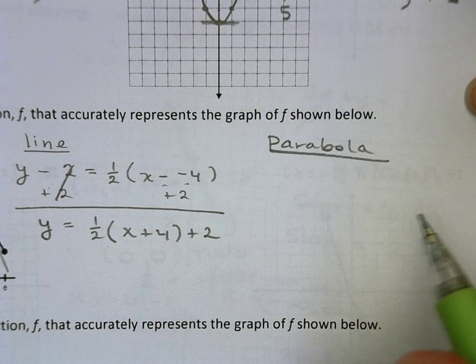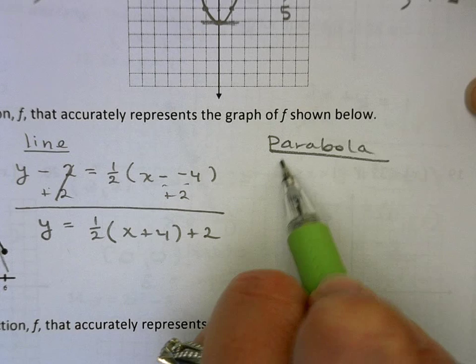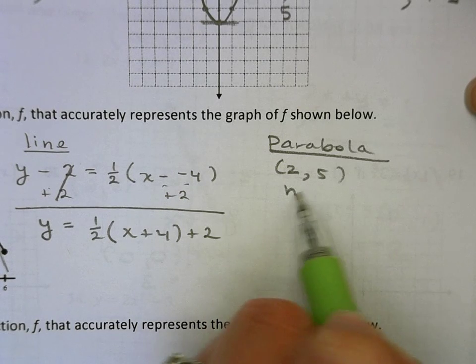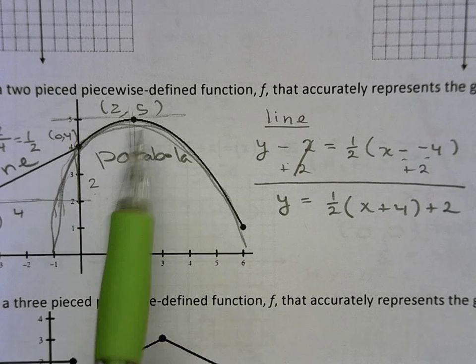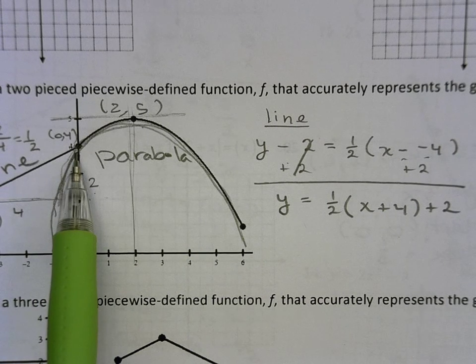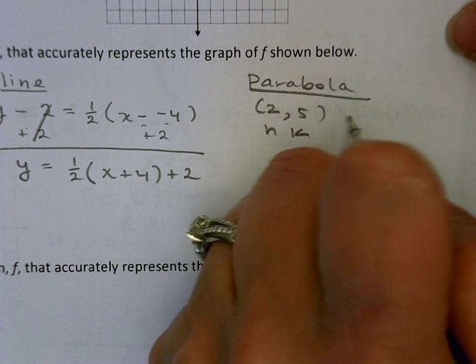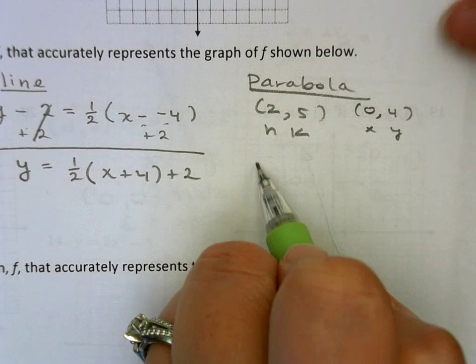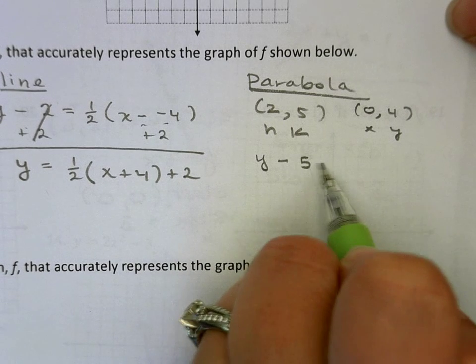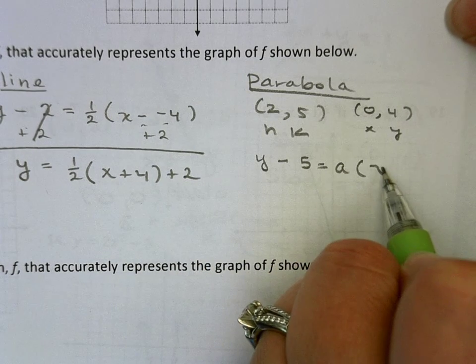So just a reminder, my vertex was 2, 5, and my other point was 0, 4. So this is my vertex h and k, and then there's my point 0, 4. So y minus k equals a times x minus h squared.